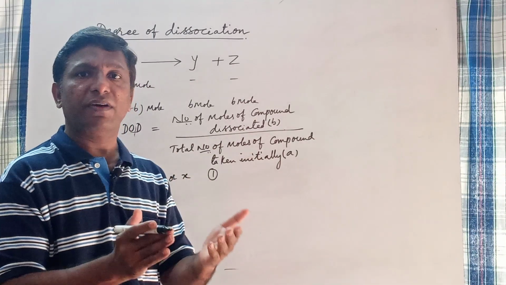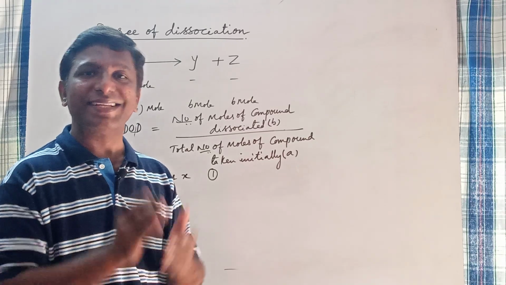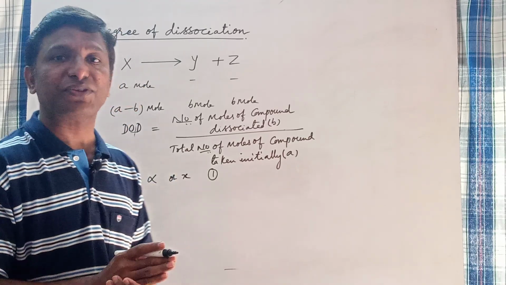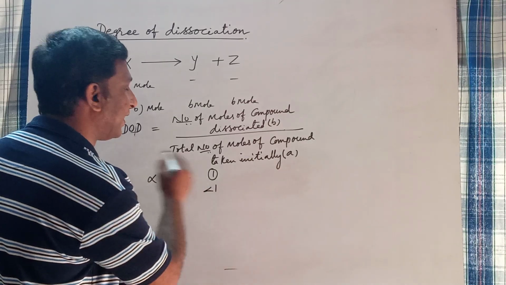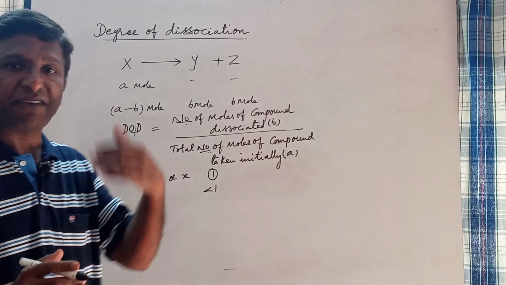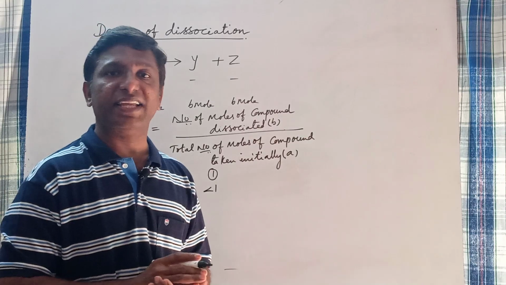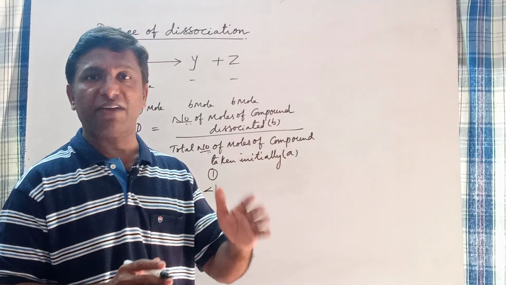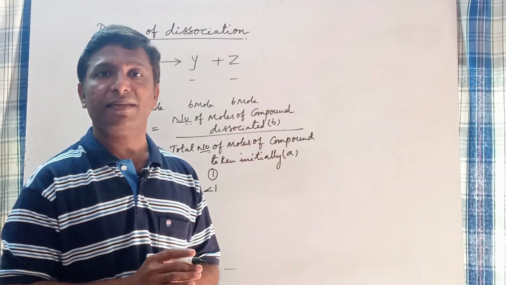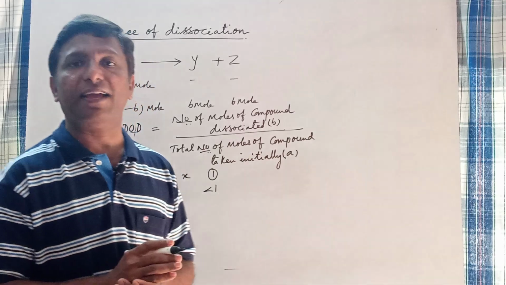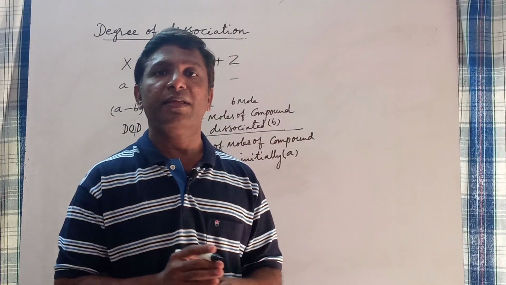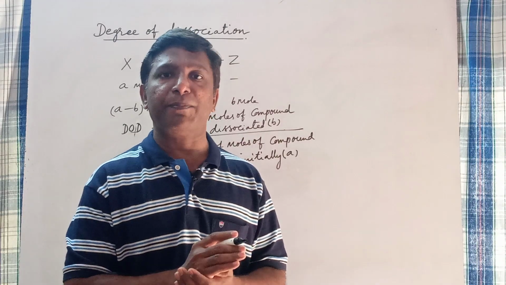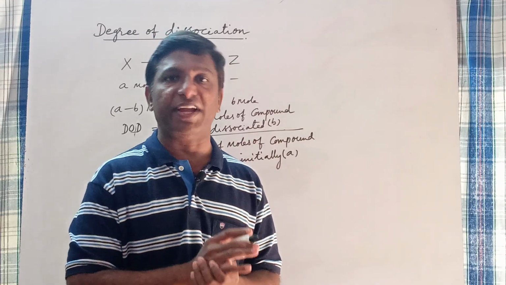Some moles are left as a residue. In such cases, degree of dissociation is always less than unity. In the case of reversible reactions, the degree of dissociation value is always less than 1. Now we shall see how to calculate degree of dissociation value from the vapor density or molecular weights.